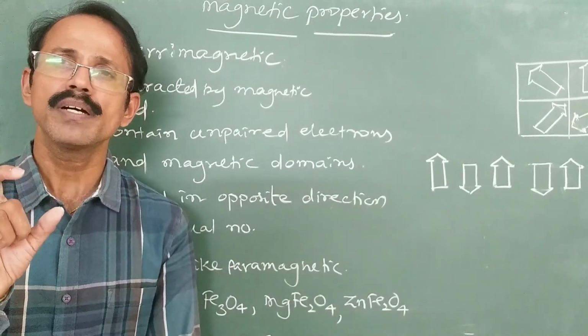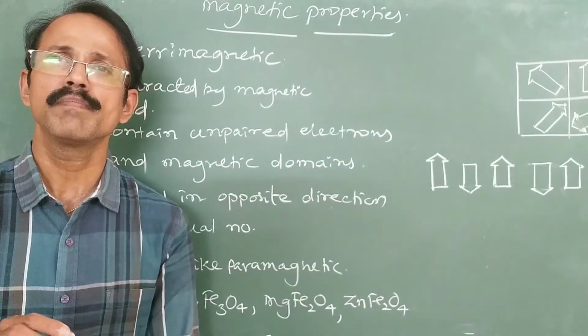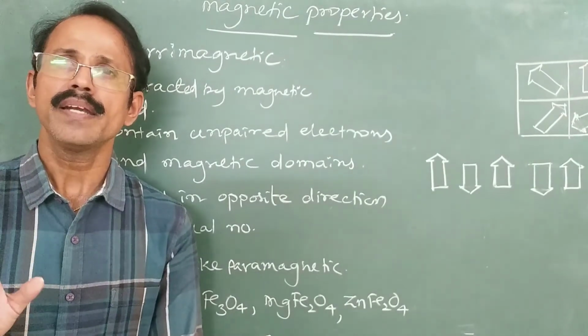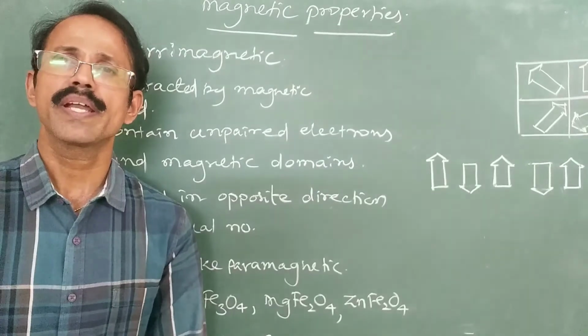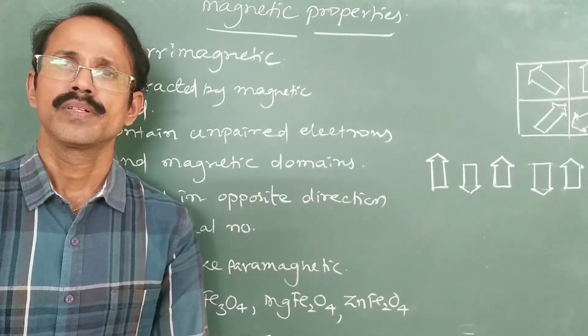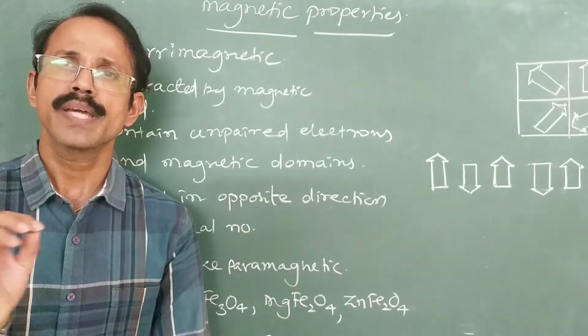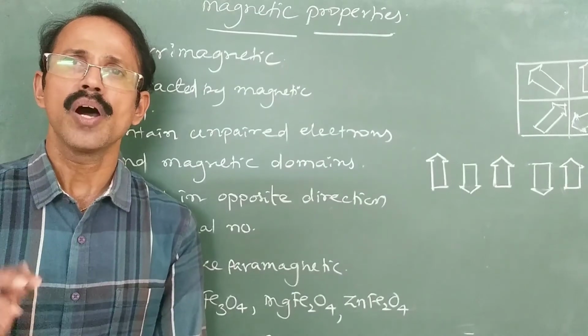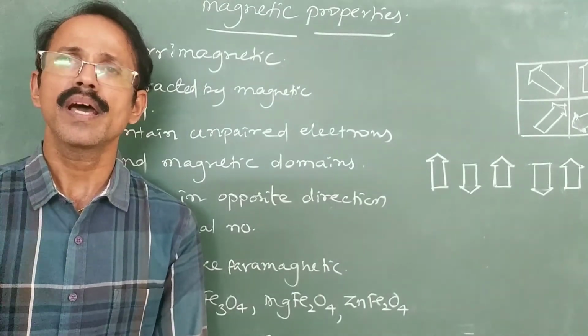If you keep this kind of substance in a magnetic field, the domains are aligned in opposite directions but in unequal numbers.